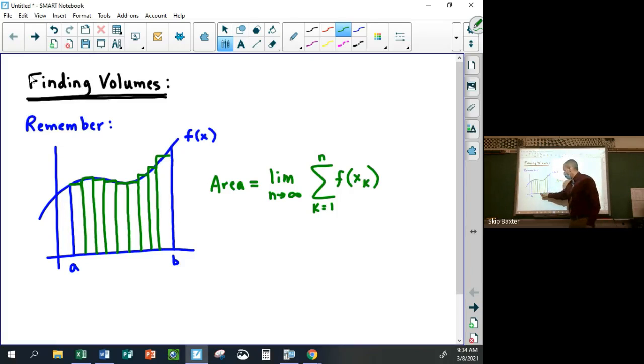Like if we're calculating this rectangle right here, we take some x value in that tiny interval, use that as the height of the rectangle, and then delta x is the width of the rectangle, which if they're equal width rectangles, just ends up being b minus a divided by n. Remember that? We did this, and then we figured out that this is actually equal to the integral from a to b of f of x dx.